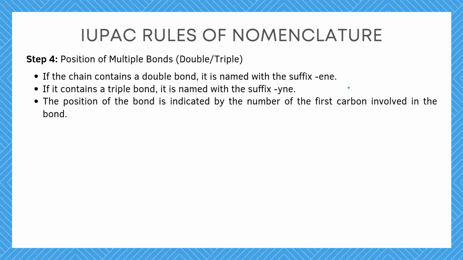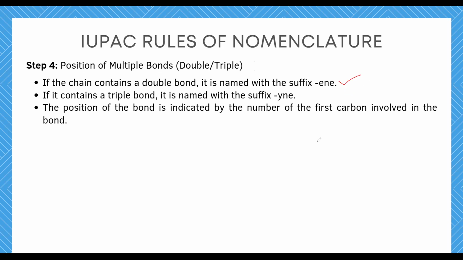Step number 4, position of the multiple bonds, whether double or triple. If the chain contains a double bond, it is named with the suffix ene. Did you see this? Good. For instance, if a hydrocarbon has one, two, three, four carbon atoms, what parent name are we going to use?